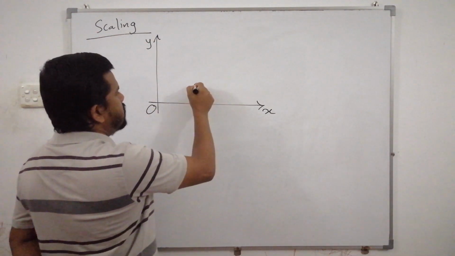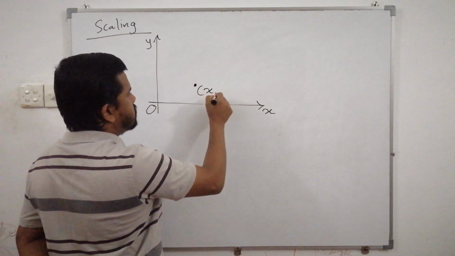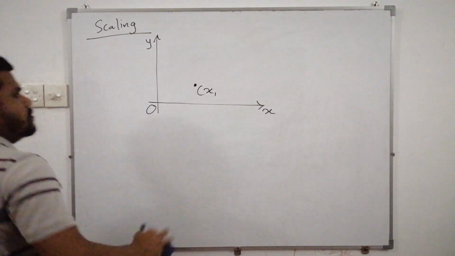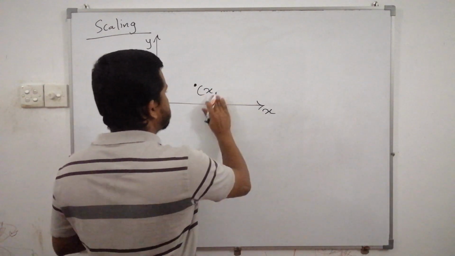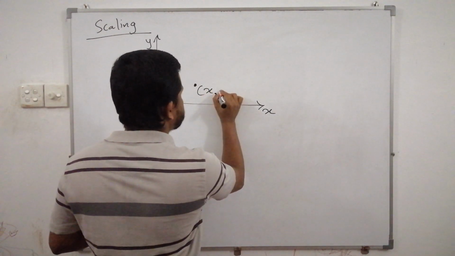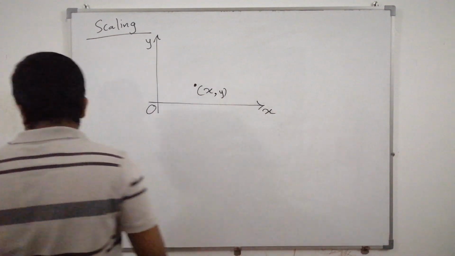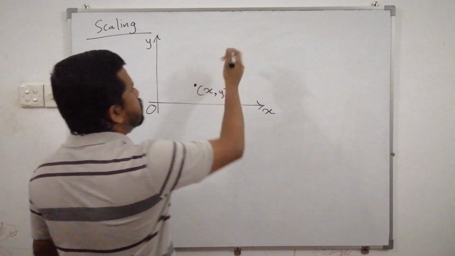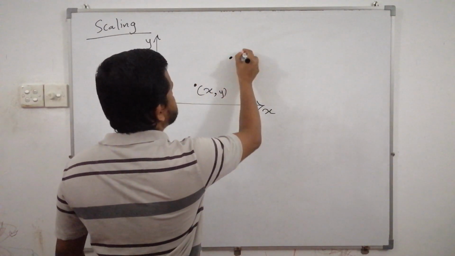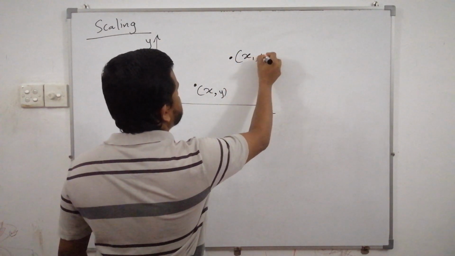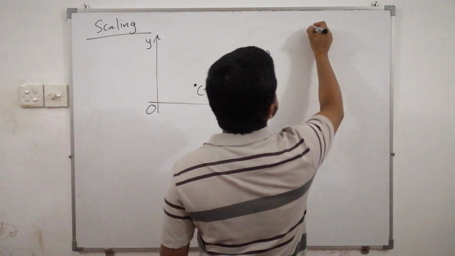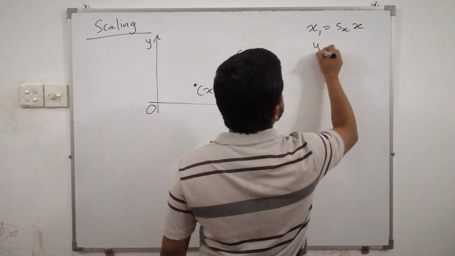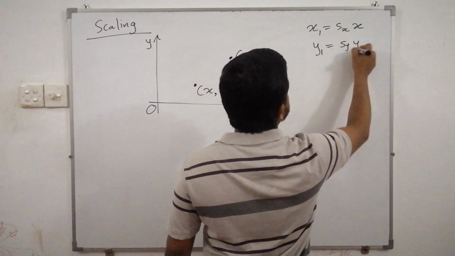We have a point with coordinates x, y. Now this point moves to another position x1, y1 such that x1 means sx into x, y1 means sy into y.